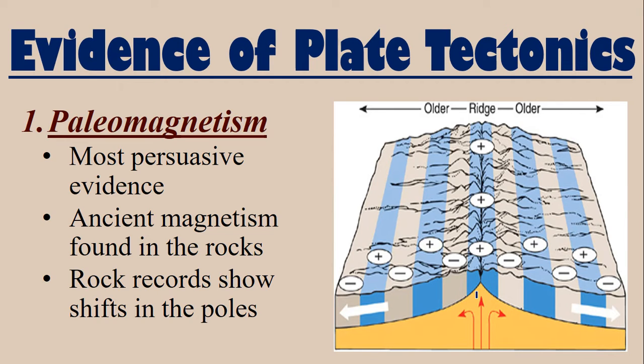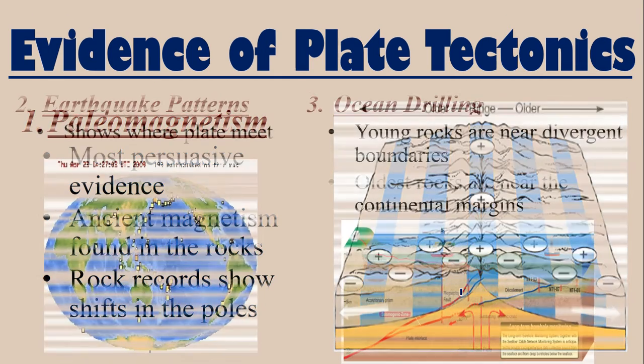They noticed there was a switch in some of the rocks as you go away from the center of the new crust forming toward the continents. It showed the shift in magnetism of the poles over time.